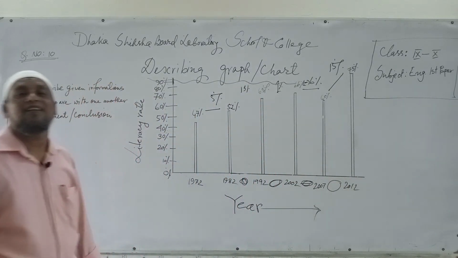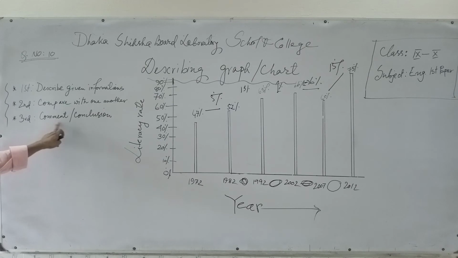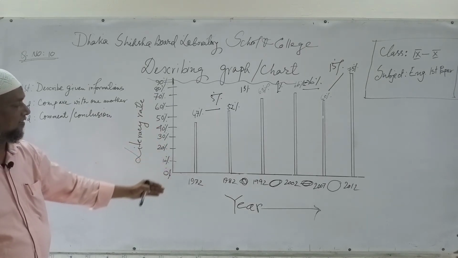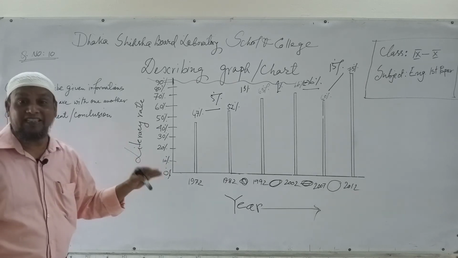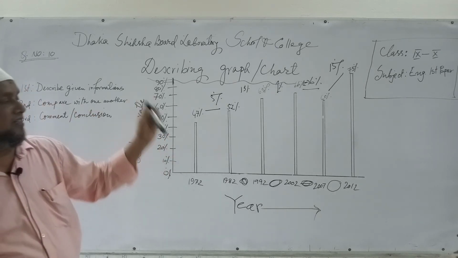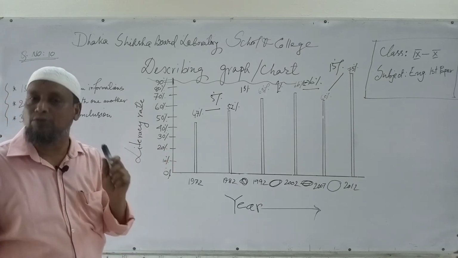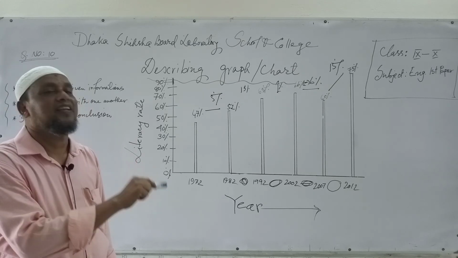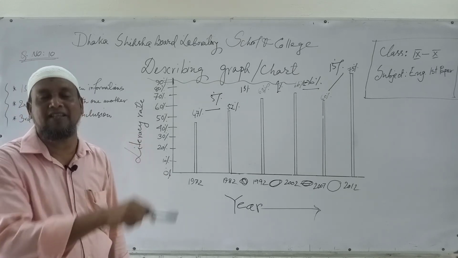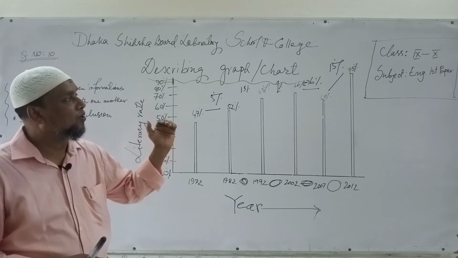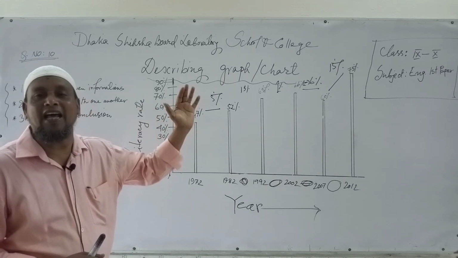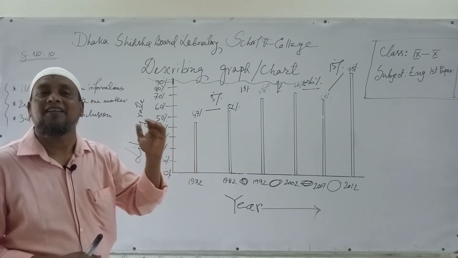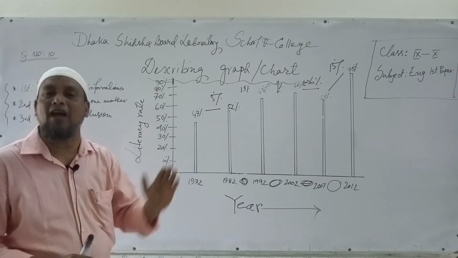So we can comment or conclude that the literacy rate from 1972 increased continually, and hope within a very short time we will be able to increase this rate to 100%, and then we will be similar to Japan, China, Russia and many other developed countries.